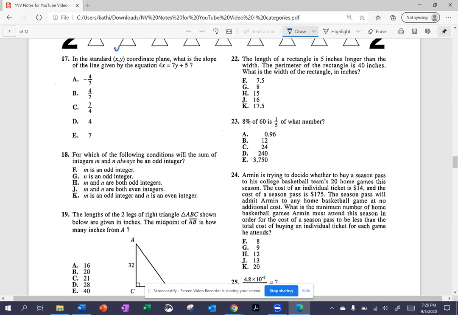So I want to get to y equals mx plus b, so I can see the slope. So I am going to subtract 5 from both sides. So I get 4x minus 5 equals 7y, and divide both sides by 7. So I know my slope is 4/7.